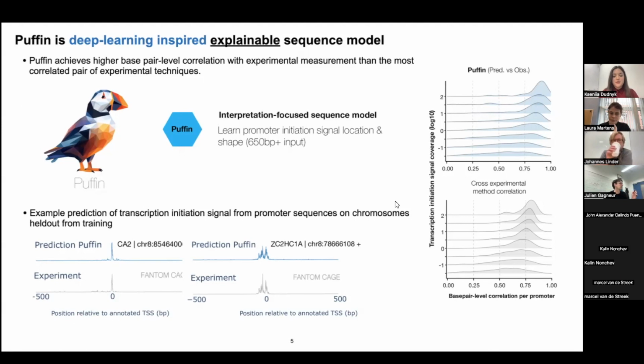Then using some ideas and knowledge that we found with the Puffin-D model, we designed Puffin. And this is the main advantage of the Puffin model. It's not that it can predict the transcription initiation signal accurately, it's that Puffin can explain why exactly this signal was predicted and what sequence patterns and rules in the genomic sequence define the shape of the signal.